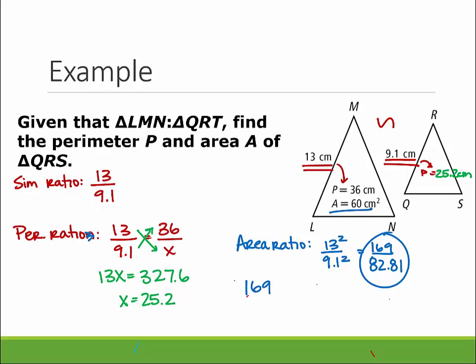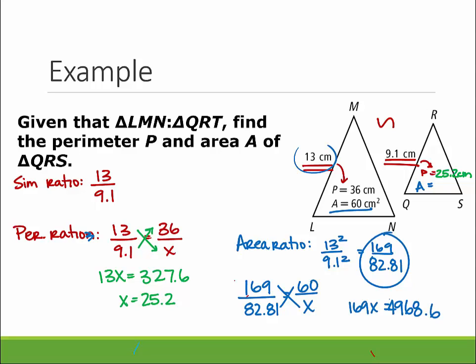So again, just like all the other ones, we can set up a nice little proportion. So since 169 is the length of this squared, we got to put the area of that one on top, divided by the area that we don't know here. Do some cross products. So I'll do 60 times the 82.81. 4,968.6.